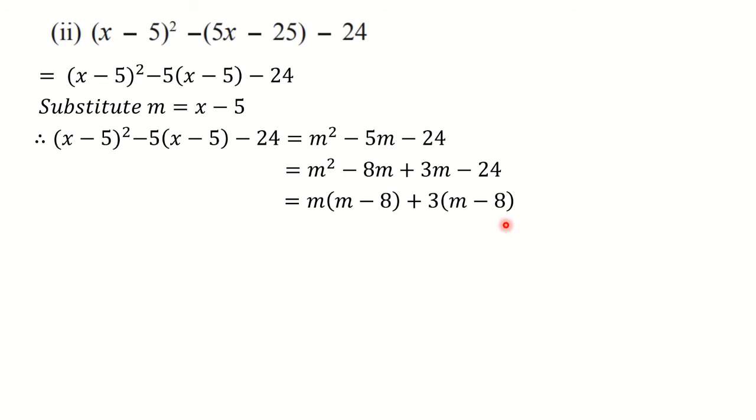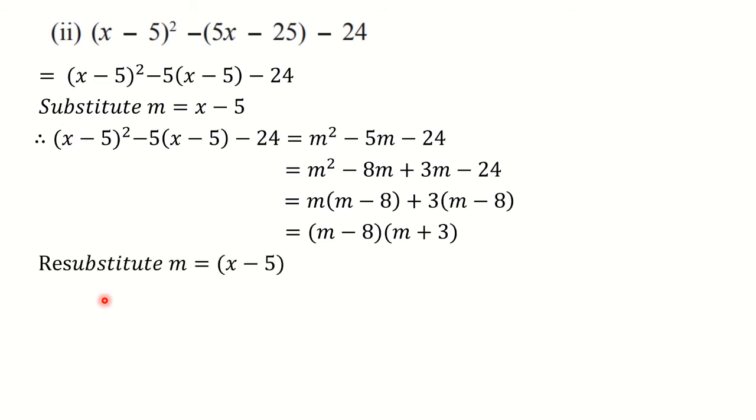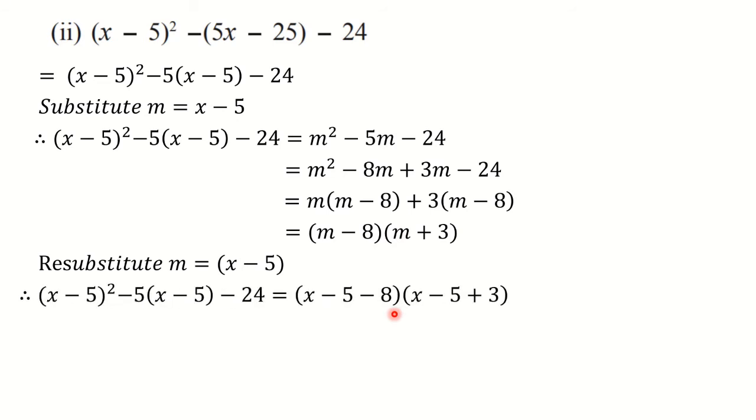The next step is to write down the two brackets. Afterwards, the next step is to substitute. Here we have done the substitution. So go for resubstitution. Resubstitute m is equal to x minus 5. That means this m we are going to replace by x minus 5 here. Okay, so see, in place of m, x minus 5 is written.